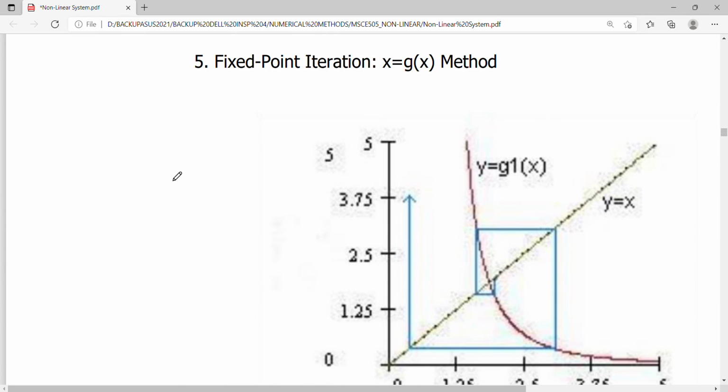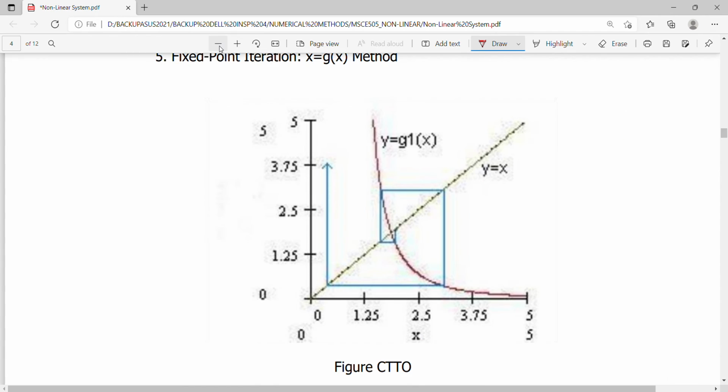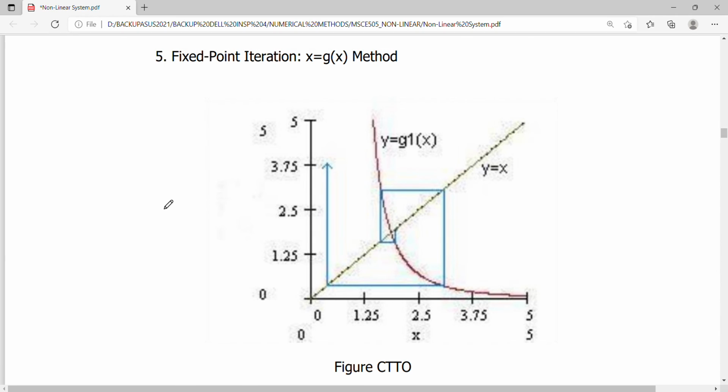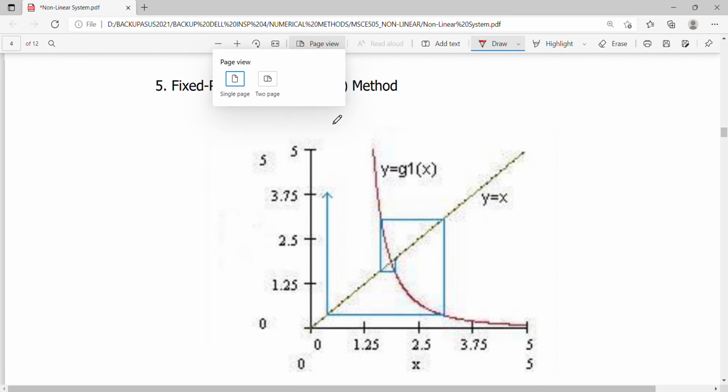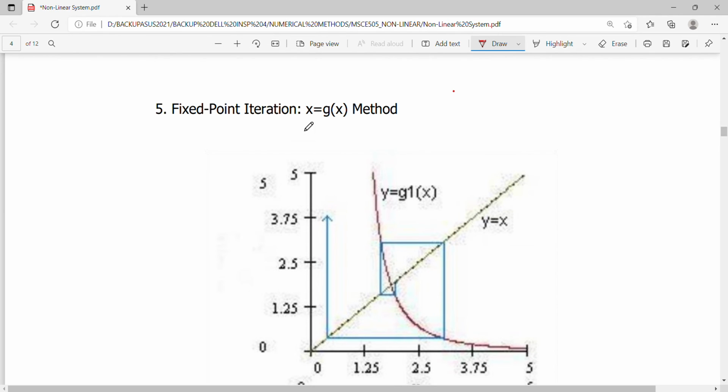Okay, let's have the fifth one, the last one. There are many variants of this, but these are the basic, the general idea on the method itself. So if I have here a function g1 of x, what the fixed point iteration tells us is that we equate x is equal to g of x.